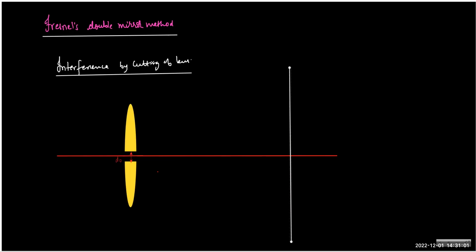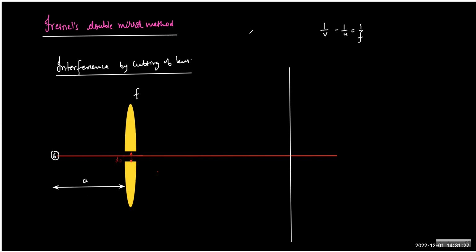And so we again have a source here at some distance from the lens. Let's call it A. So you can use the lens formula, so for a given U, you can find the V, the image position.